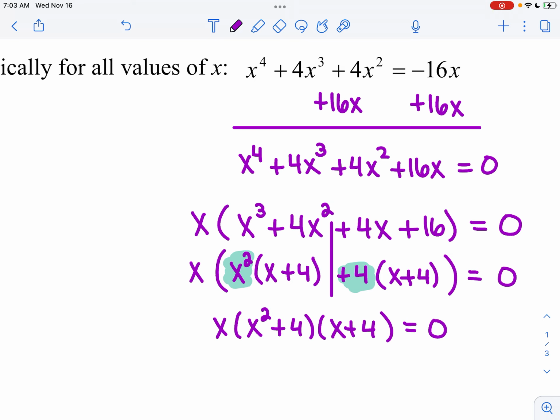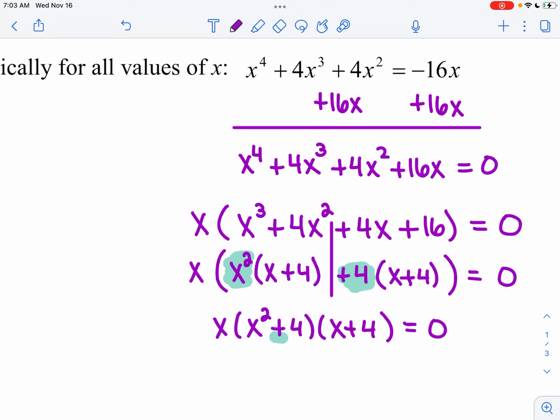Now, it would be tempting to think that we could factor the binomial x squared plus 4 a little bit more, especially because we have an x squared still in the factor. However, this is not the difference of perfect squares because we have this plus sign.